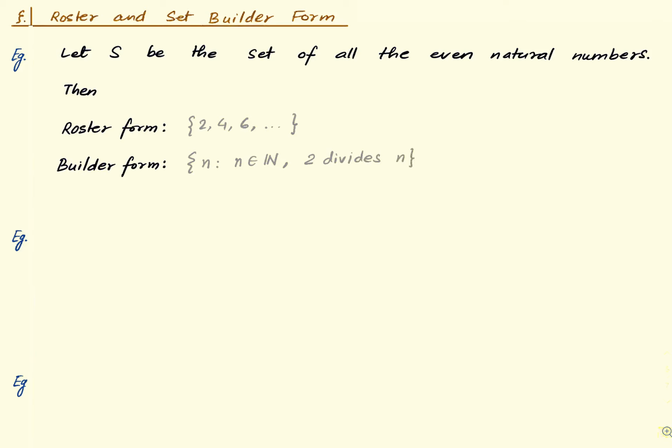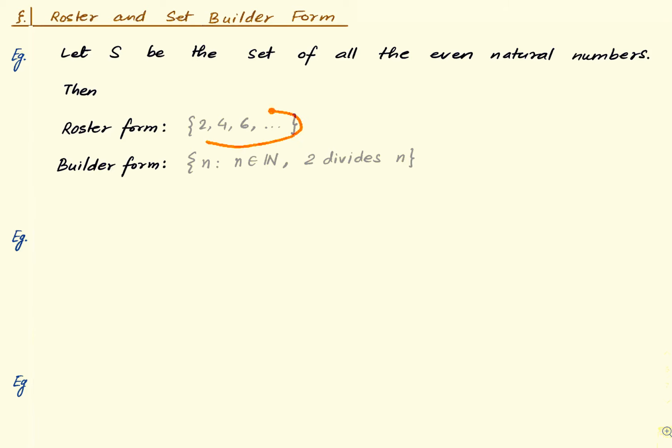This is one way to write it in builder form. So you are basically saying exactly what are the things that lie in the set S. Those n's which are first of all natural numbers, and which are even. So you could also write n is even, that is perfectly fine, but I have written it this way. So this is the builder form.